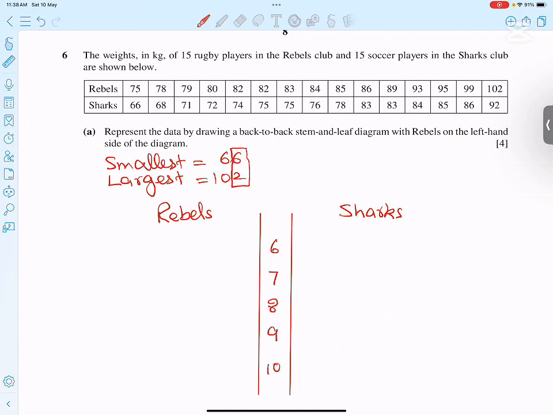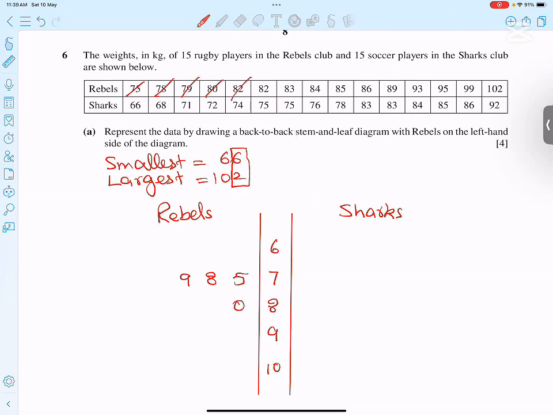Now I will start from R. 75: 7 is available here, and 5 I will write here. Cut. 78, so 78 is this. 79, done. 80, so 8 is already here, and 0.